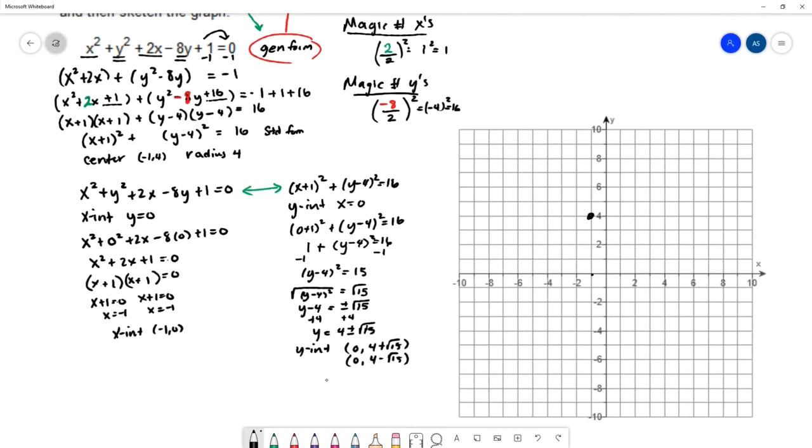And we want to move the amount of the radius away from that center. So I'm going to go to the right 4, down 4, to the left 4, and up 4. And we can sketch out the circle.